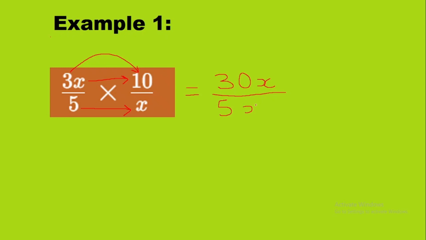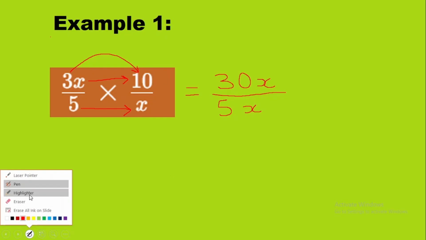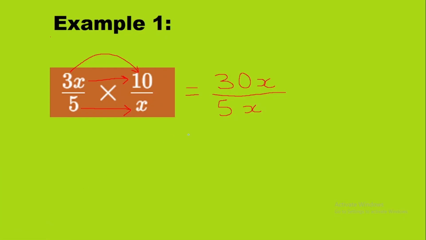Now this is the thing: whenever you are multiplying algebraic fractions, we're going to have a situation where we can simplify. Yes, this fraction is the answer, we did find the answer, but we can simplify it to make it easier.